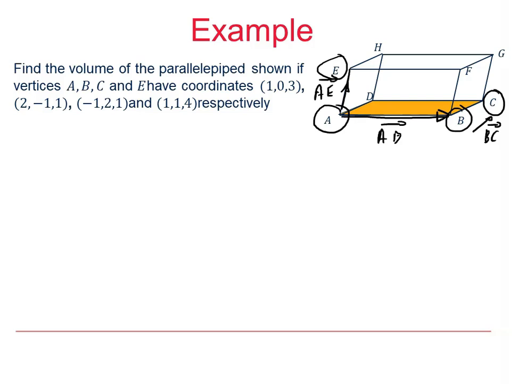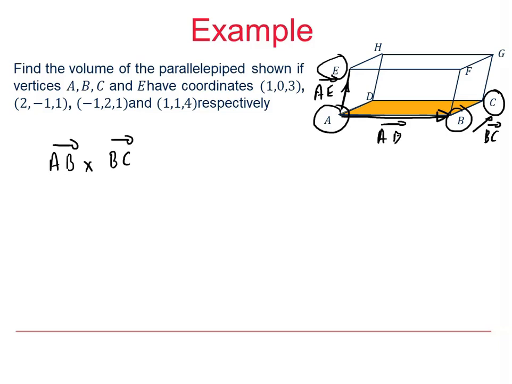Once we've got those vectors, we can find the vector product AB cross with BC, and then the dot product of that with AE.